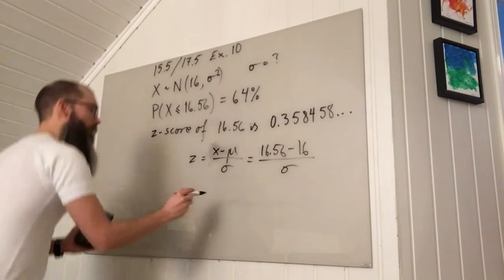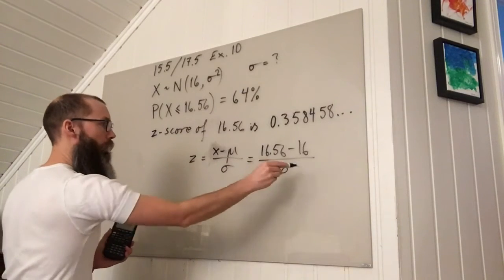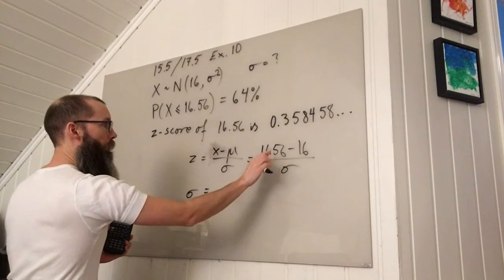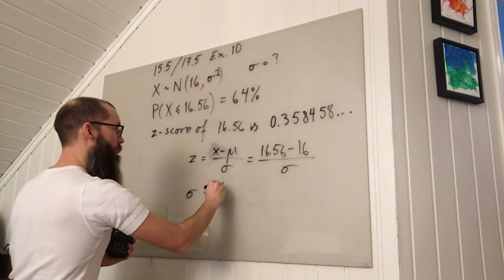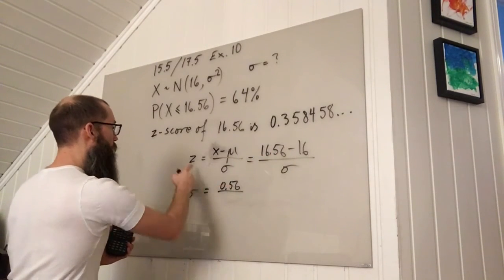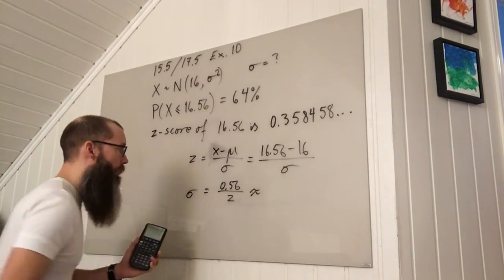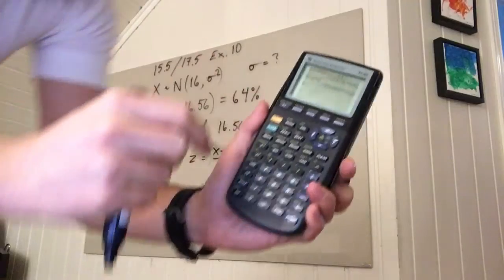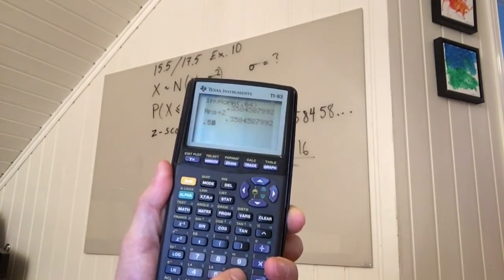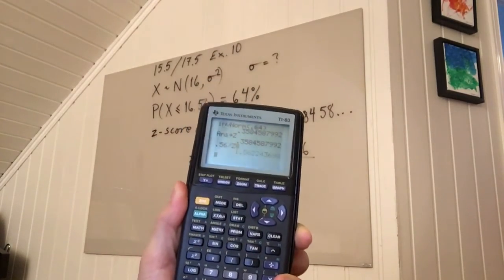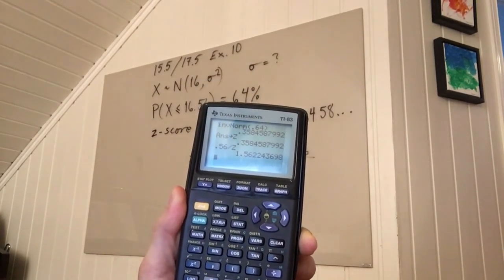So that means I can multiply by sigma and divide by z. So I get sigma equals, well, this difference is 0.56 divided by z. And that is approximately 0.56 divided by z, 1.56.